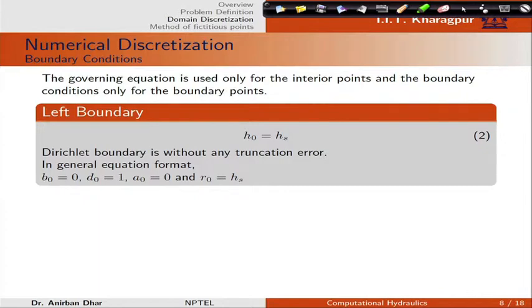If we use the general equation, that means whatever we have used for our governing equation b, d, a and r, then we can write b naught is 0, d naught is 1, a naught is 0, r naught is the specified value hs.